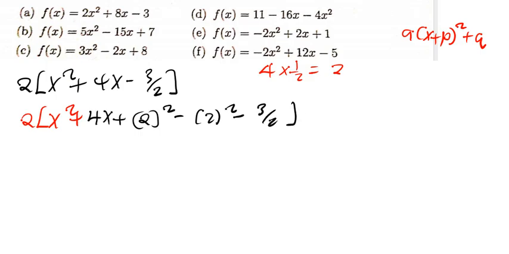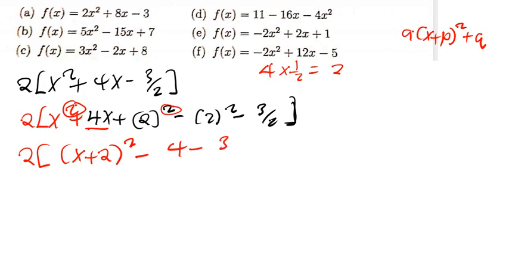At the next step, I ignore the 4x, and the remaining part is a perfect square, so it will be x plus 2, squared, minus 2 squared which is 4, minus 3 over 2.